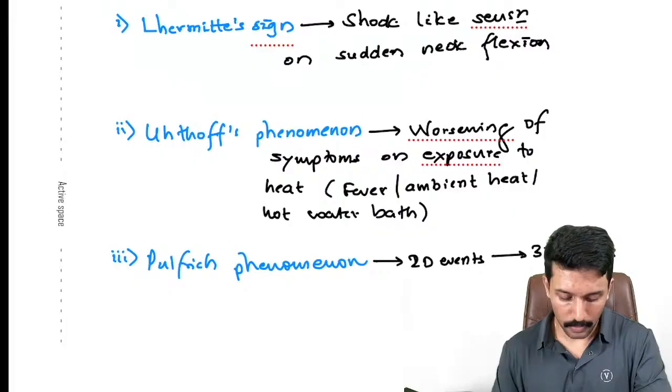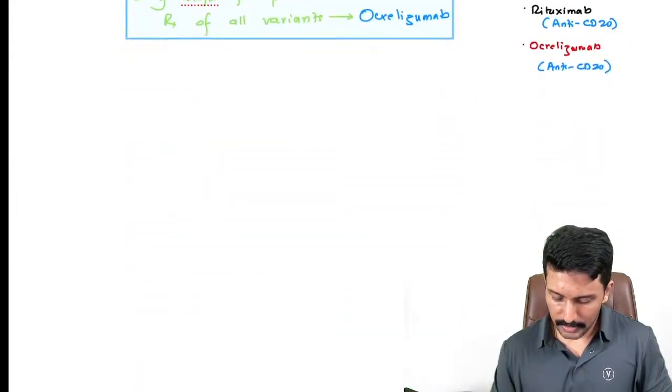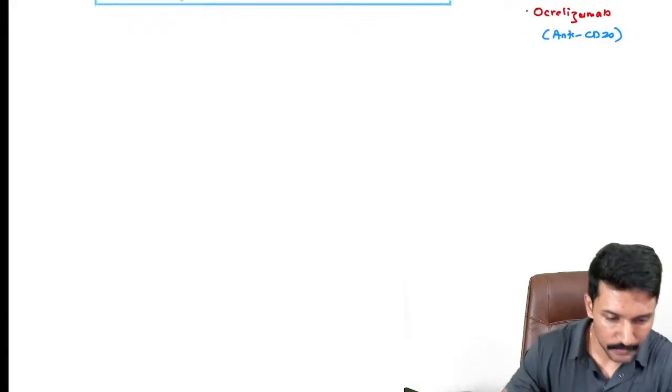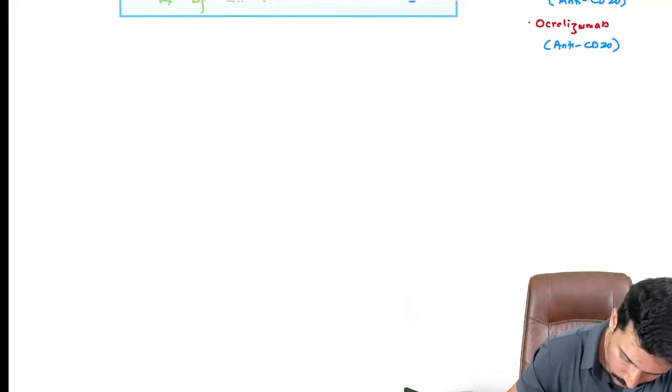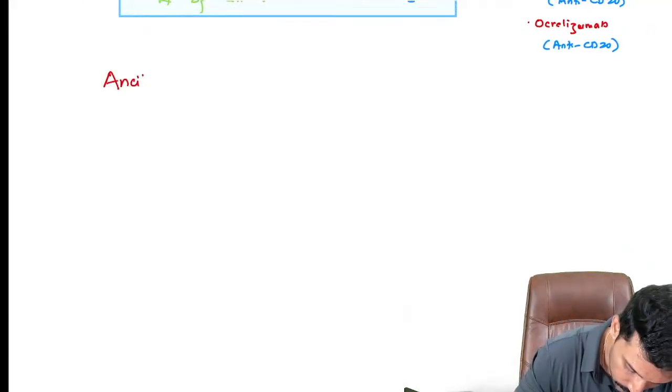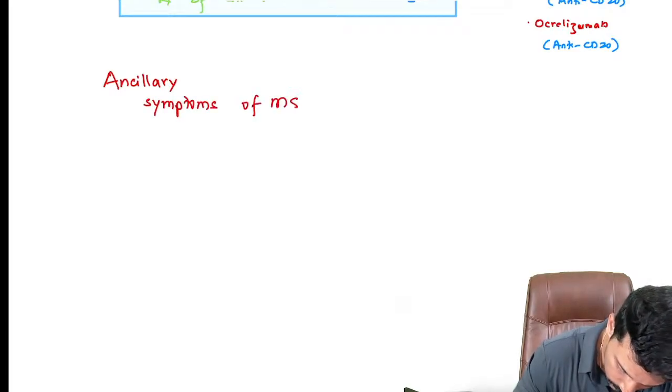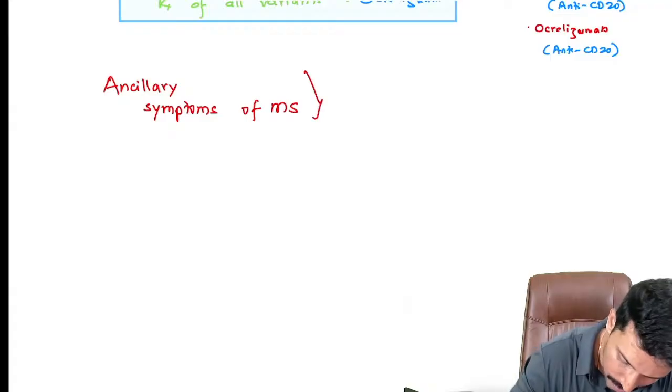Clear? Okay. Now, the next extra thing that we need to know, for those who want to use the notes, I will write down the ancillary symptoms, because they may ask some direct questions on them.